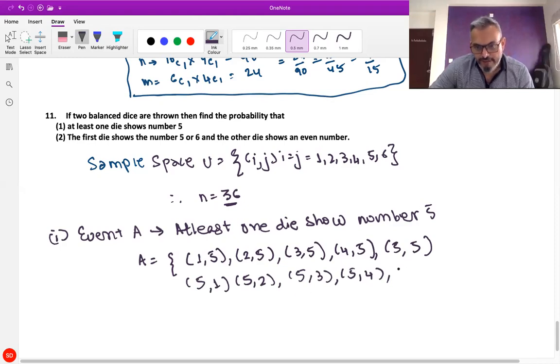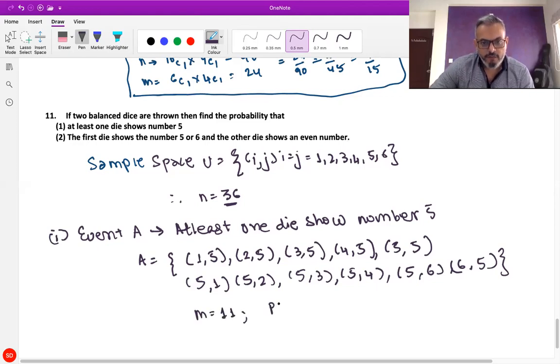Okay, 5 6, and then 6 5. काउंट कर लो, 1 2 3 4 5 6 7 8 9 10 11. So there are total 11 outcomes. So m is equal to 11. So probability of A is equal to m upon n, which is 11 by 36. This is the first answer.